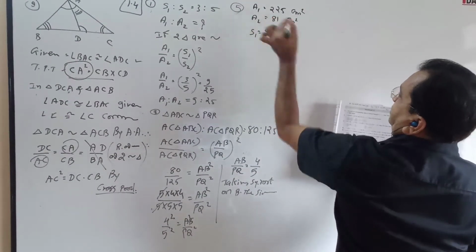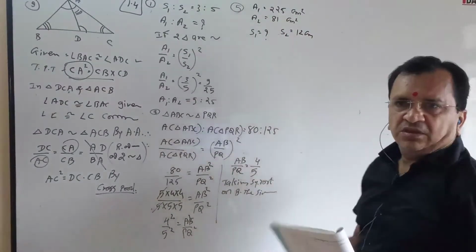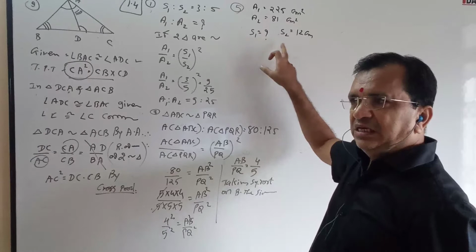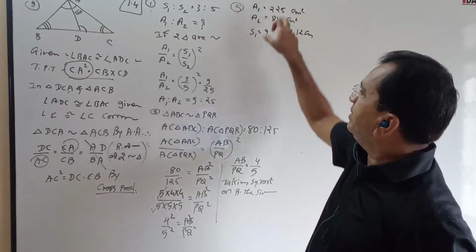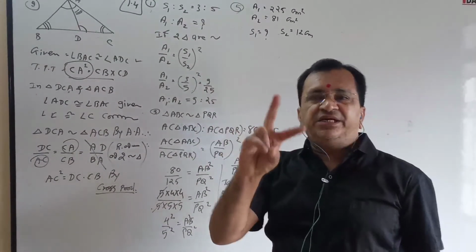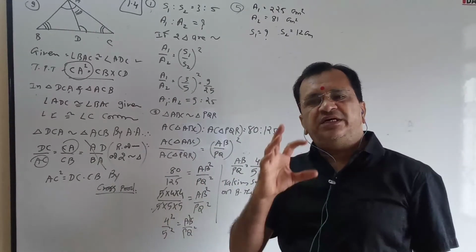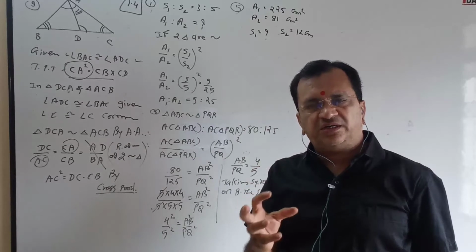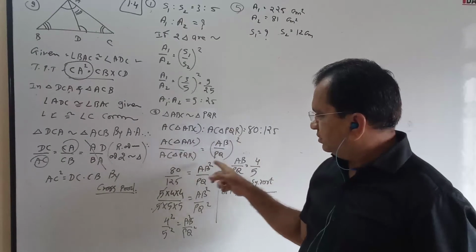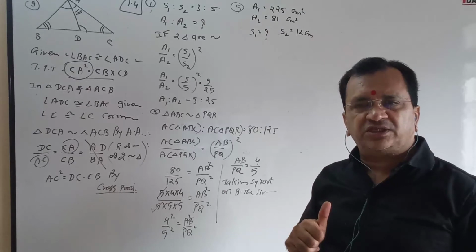Among these, the smaller area is this, so the smaller side is S2. Smaller side is given, so for the smaller area the side will be the smaller. If the bigger side is given, then bigger area, bigger side. First question we have done: ratio of sides given, we got the ratio of areas. Second example: ratio of areas was given, we got the ratio of sides.